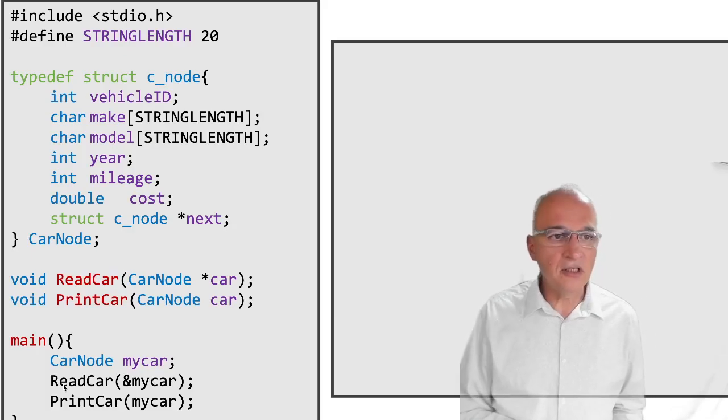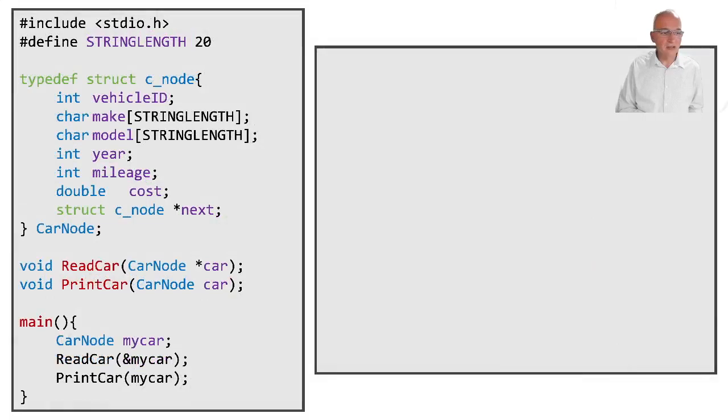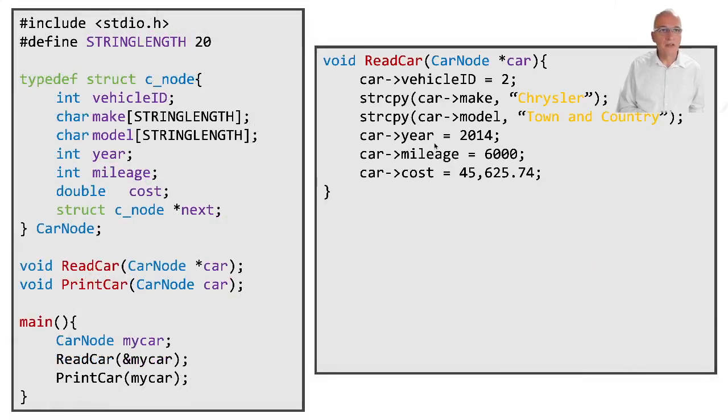So let's take a look at the code that I have for this program in C. readCar is a function. The function takes as a parameter a pointer to a car, so car node star car. And now all readCar will do, this is a very simple readCar function, it will fill up all the values of the fields of this car with constants.